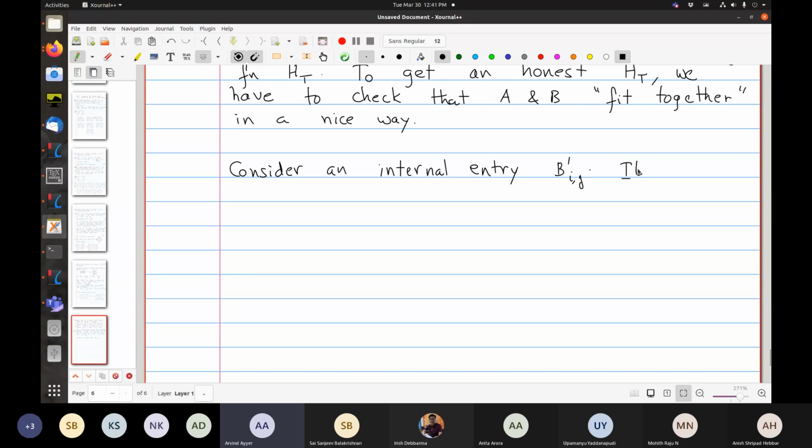So it is surrounded by four entries: A prime i minus 1 j minus 1, A prime i minus 1 j, A prime i j minus 1, and A prime i j. Okay?